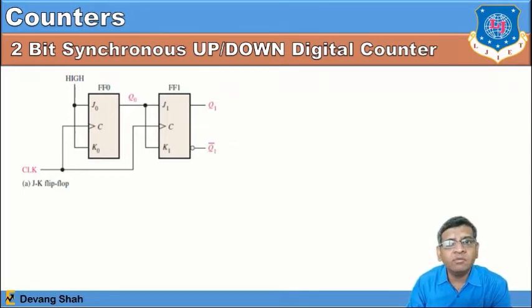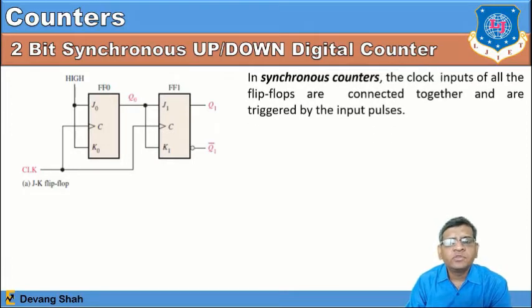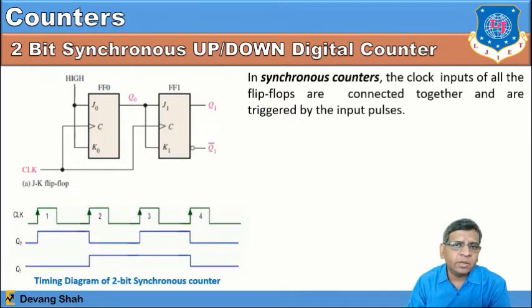So if we apply the same clock signal to this JK-based 2-bit synchronous counter, this is a synchronous counter where the clock inputs of all the flip-flops are connected together and triggered by the input pulses. If you apply the truth table of the JK flip-flop, with both inputs 1, 1, you always have a triggered output.